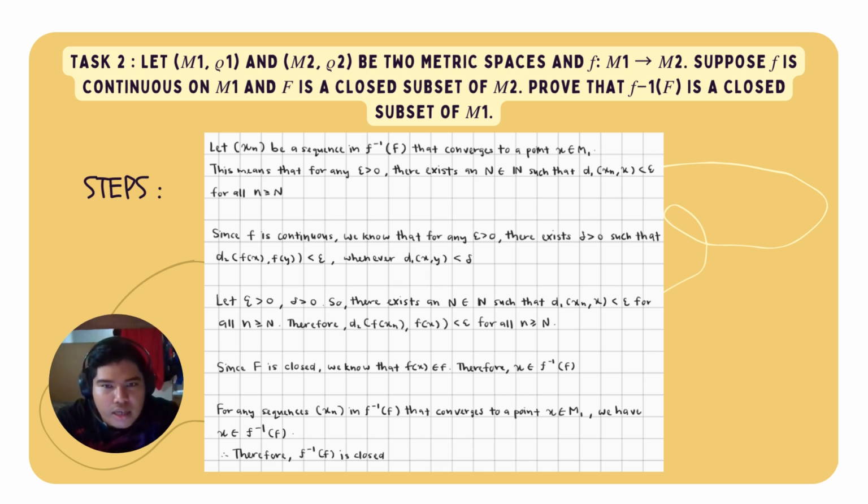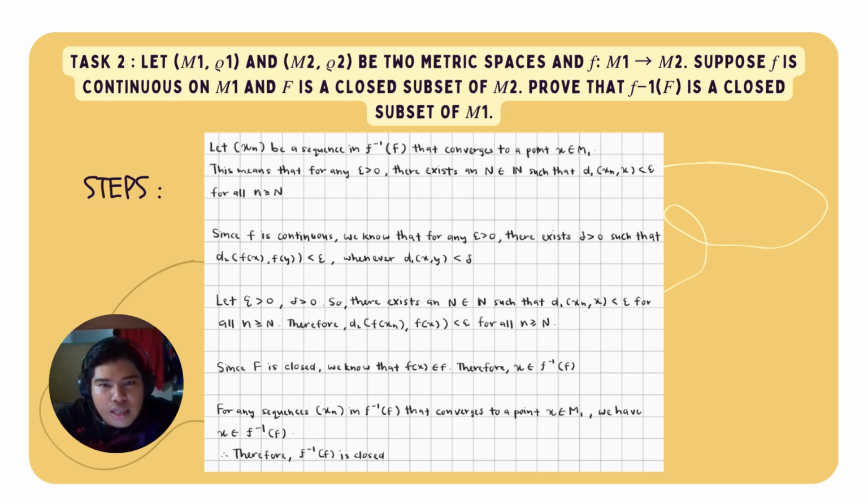Since f is continuous, we know that for any epsilon greater than 0, there exists delta greater than 0, such that d2(f(x), f(y)) is smaller than epsilon, whenever d1(x, y) is smaller than delta. So let epsilon greater than 0, delta greater than 0.